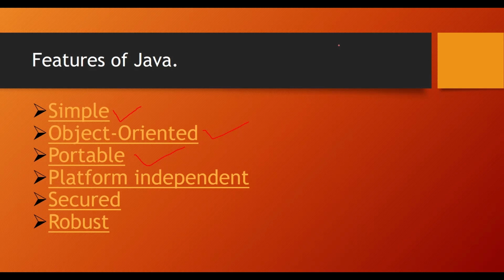If we have compiled our Java code on Windows and want to run the same bytecode on Mac OS, we can run it very easily. That is the reason the Java programming language is called write once and run anywhere, WORA, and it is called a platform independent language.